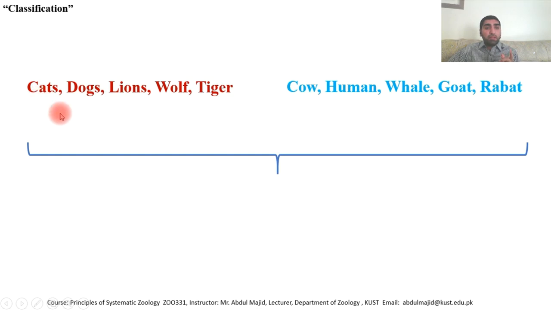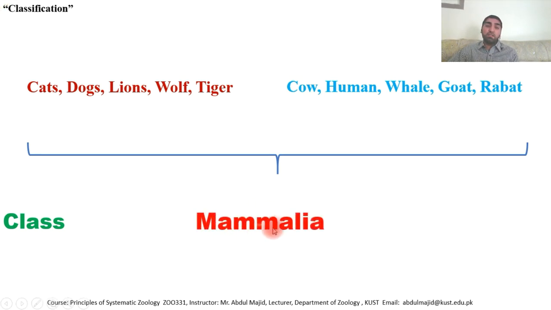But again, cats, dogs, lions, wolf, tiger, monkeys, cow, human, whale, goat, rabbit, duck-billed platypus, spiny anteater, and so on and so on. There are many, kangaroos. All of them have certain characteristics in common, which is mammalia. They have mammary glands, and they have hairs. So we place them in a class Mammalia. So we place all the herbivores and the carnivores and all of them into one class, that is Mammalia.